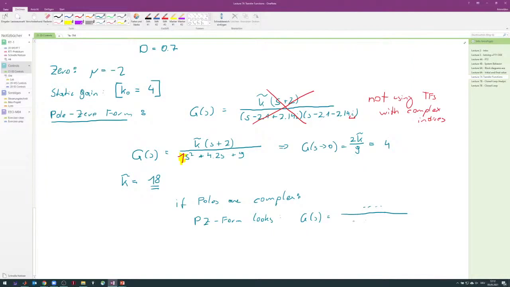So whatever it is, and the pole zero form is you have s squared plus 2 times d times omega 0 times s plus omega 0 squared, right? So the important thing is that you have a 1 here, right? This is the definition of the pole zero form if your system is conjugate complex, right? If your second order pole pair is conjugate complex. Okay, we've got another 18, perfect. Okay, so how does the time constant form look like?